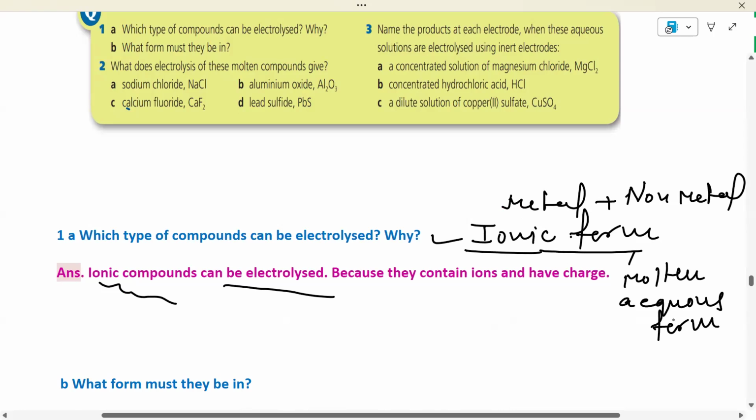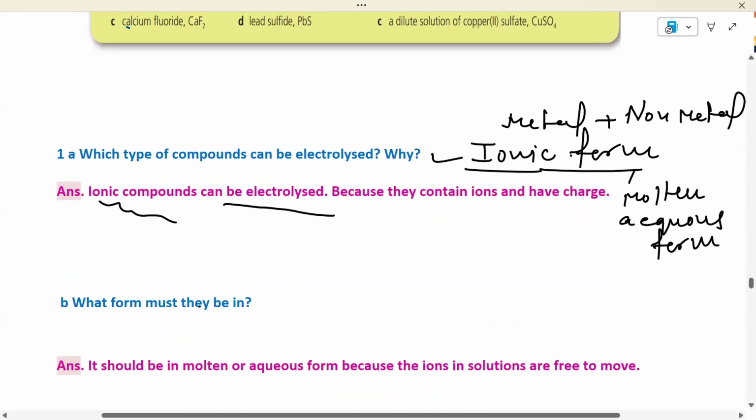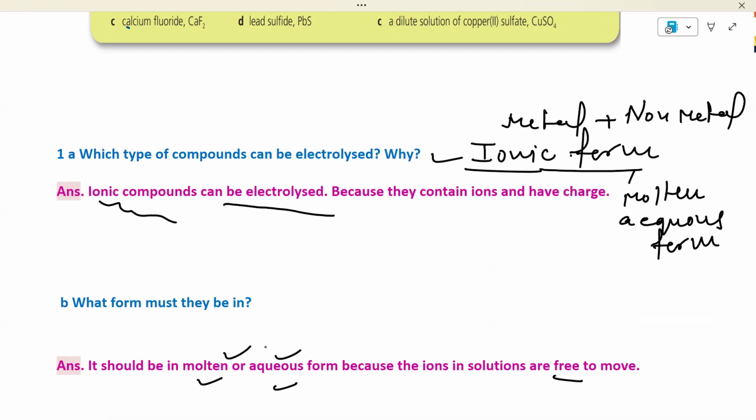It is asked in the next question, what form must they be in? It should be in molten or aqueous form because the ions in solutions are free to move. Ions are easily moved in molten or aqueous form.